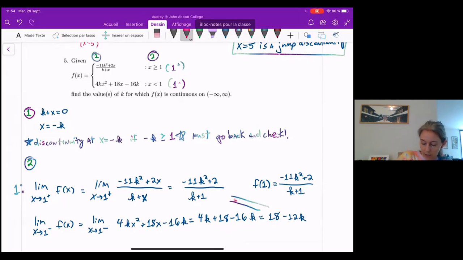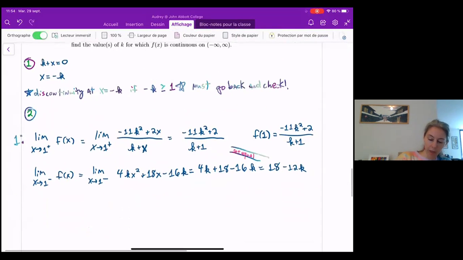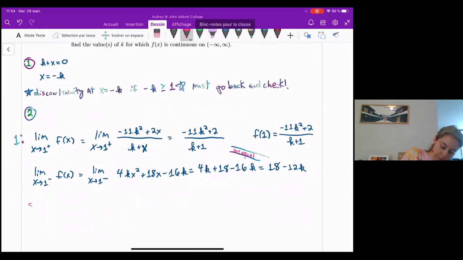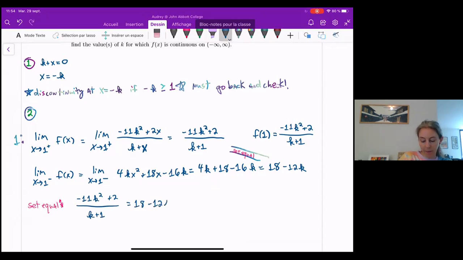So I'm going to set them equal and solve. So I have negative 11k squared plus 2 over k plus 1 is equal to 18 minus 12k. And I'm going to start by multiplying that k plus 1 over.